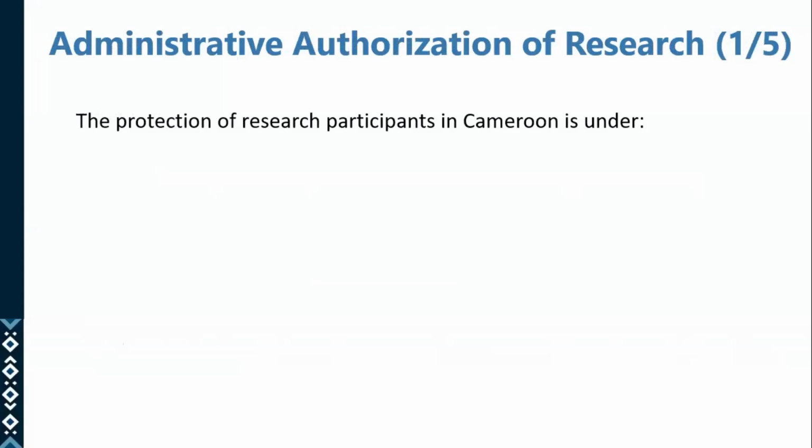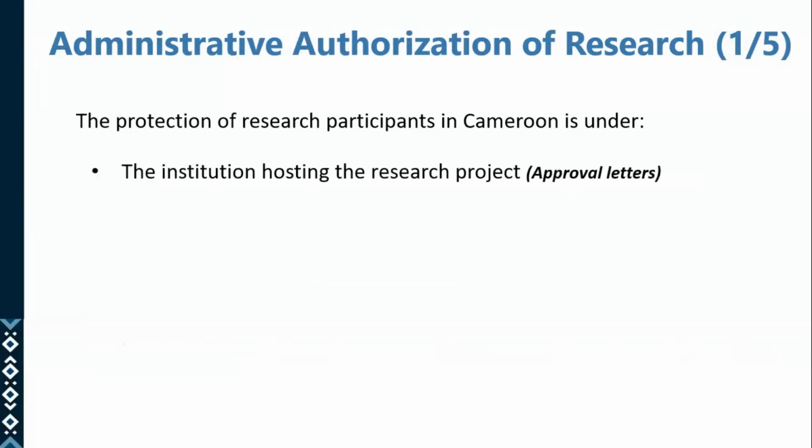Now, we have seen the research ethics and how it functions here. What about the administrative authorization of research? You should first of all note that the protection of research participants in Cameroon is under 4 main actors. First of all, the institution hosting the research project, which accepts by giving the approval letters.